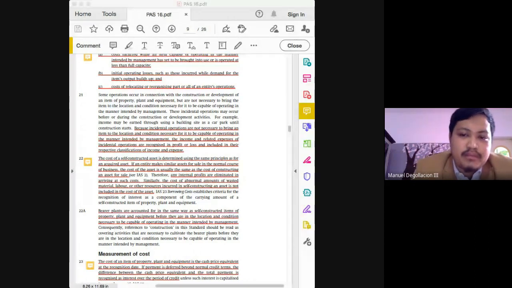The cost that will be part of the carrying amount of the constructed asset will only be at the normal amount, normal levels of materials, labor, and overhead. Just absorb this one. Plus, bearer plants are accounted for in the same way as self-constructed items of property, plant, and equipment before they are in the location and condition necessary to be capable of operating in the manner intended by management.